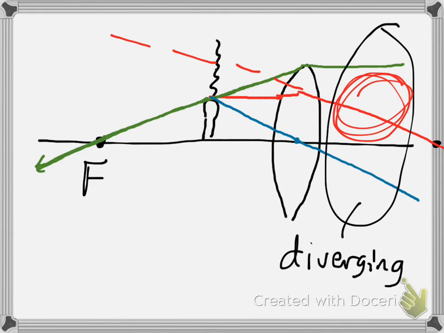This ray is going to get extended back this way. And this ray is going to get extended back this way. And again, the sketch is off just a little bit. It's not perfect. But the rays are going to converge in this area. Right? And in this case, the image is going to be here.